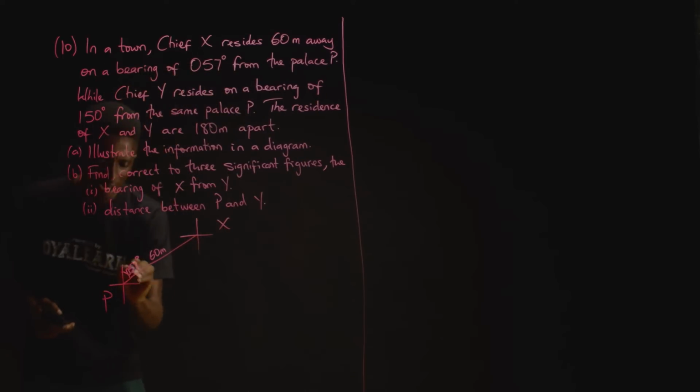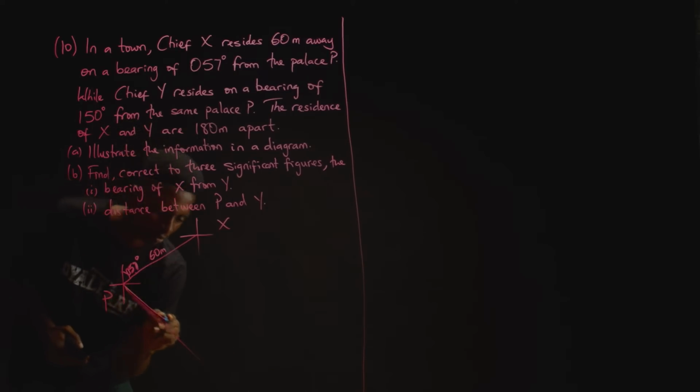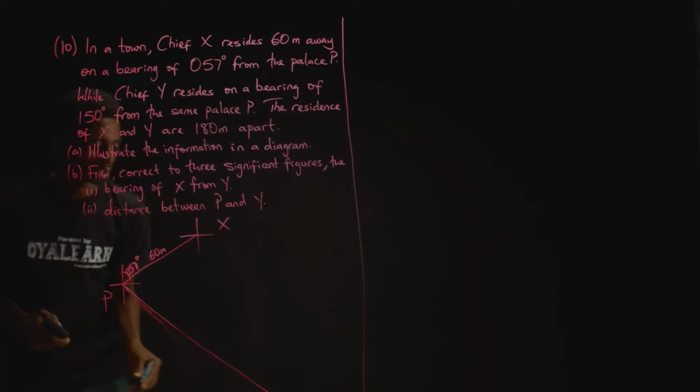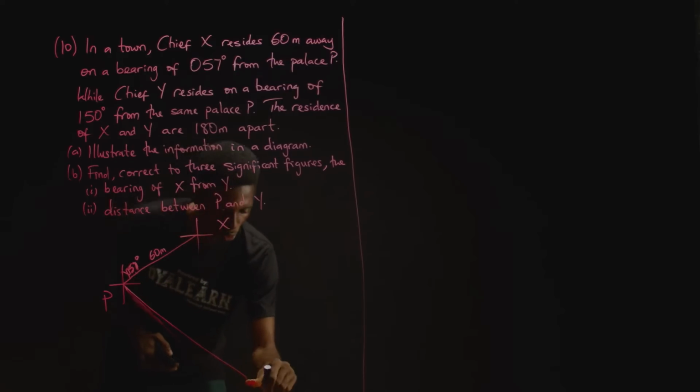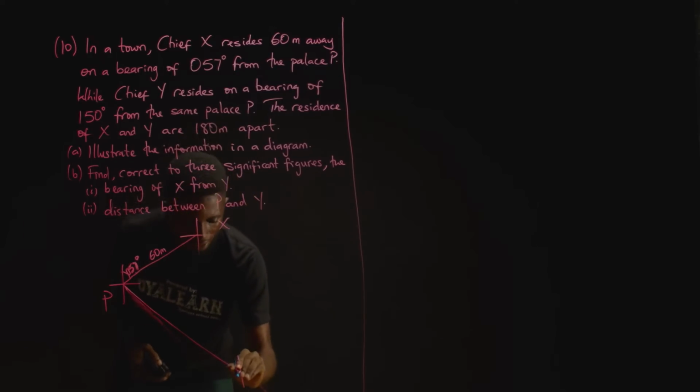So if we progress here, with this being 0 and this being 180, 150 should lie somewhere here. So we continue like this. Do not mind the line. Like so. Now that's a bit too long, so let me just end it here.